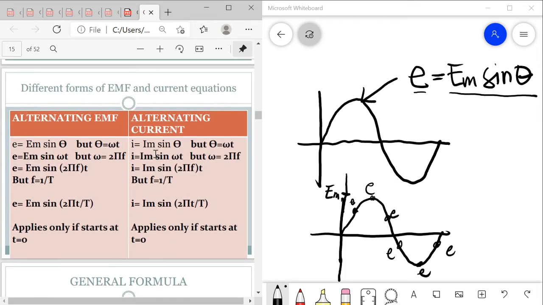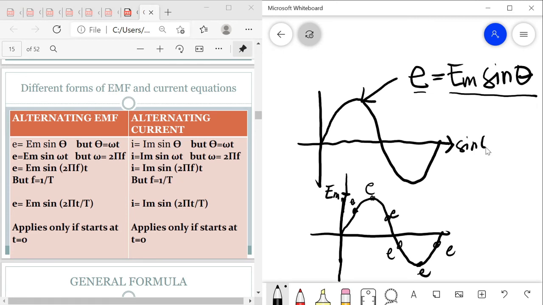Different forms of EMF and current equations. So for alternating EMFs, this is alternating voltage and alternating current. For EMF, E is equal to Em sine theta. And also our theta is in the form of omega t. This is our direction, diba?